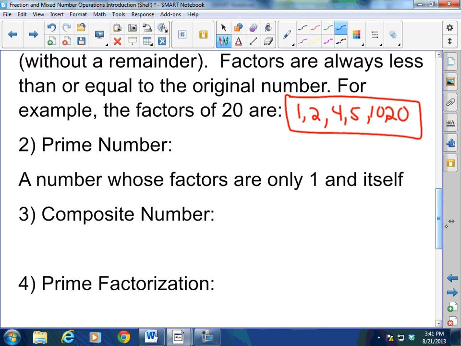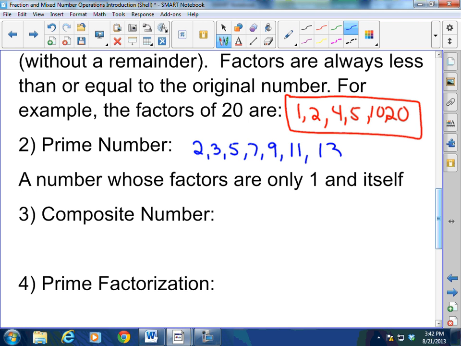Examples of prime would be 2, 3, 5, 7, 11, 13. Notice that 0 is not prime and 1 is not prime. The first prime number is 2. So those are prime numbers.